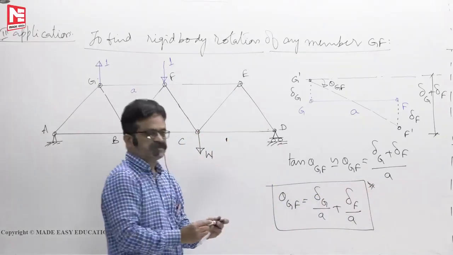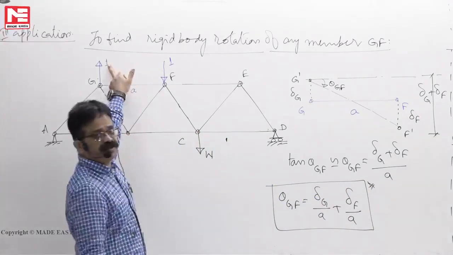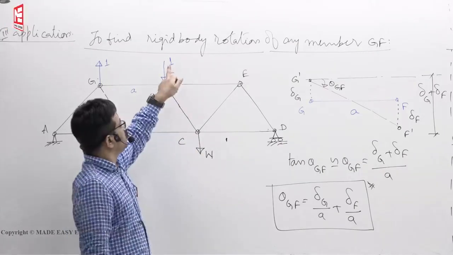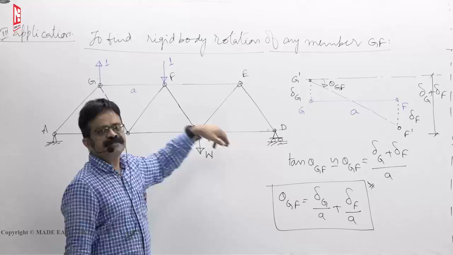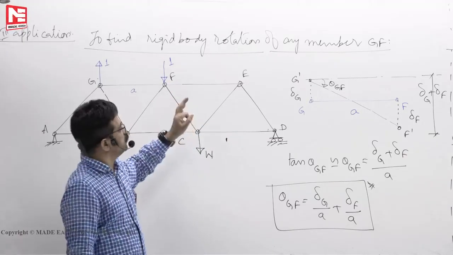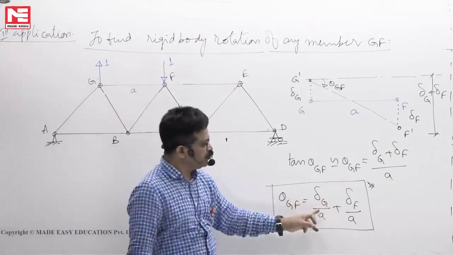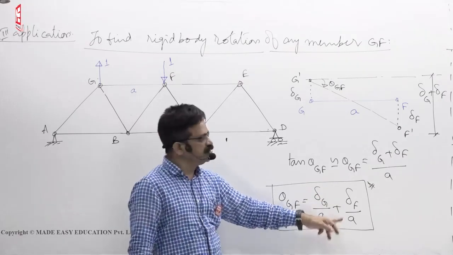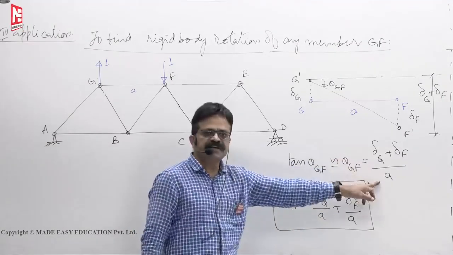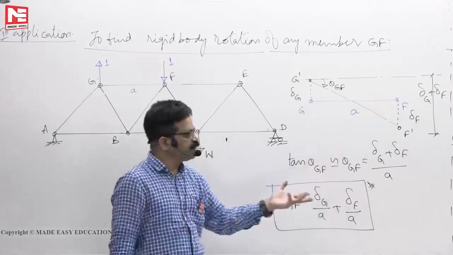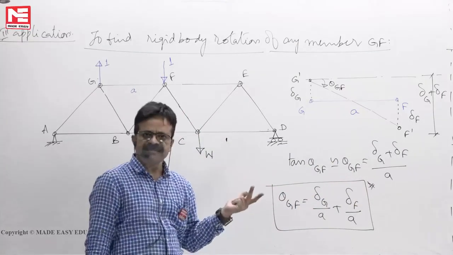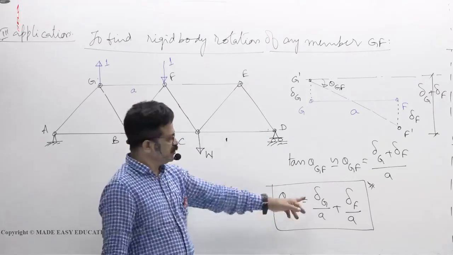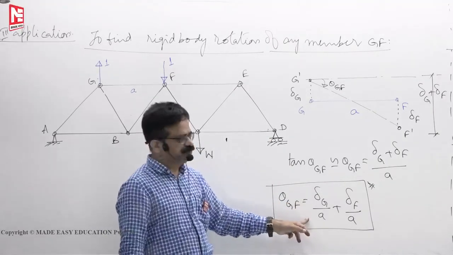So this is the process. First apply unit load, you find delta G. Next, apply another unit load, find the summation of PKL by AE, find delta F. Then I don't want delta G alone, I want delta G by A and delta F by A. So add the two displacements and divide by A. Instead of finding delta G separately, delta F separately, adding them and dividing by A, this is my final expression.